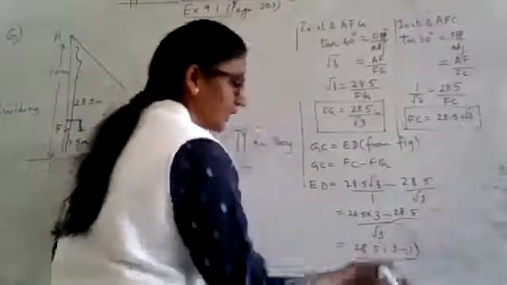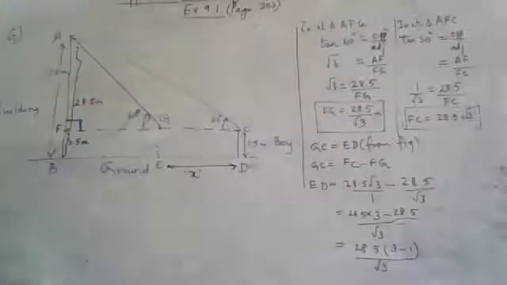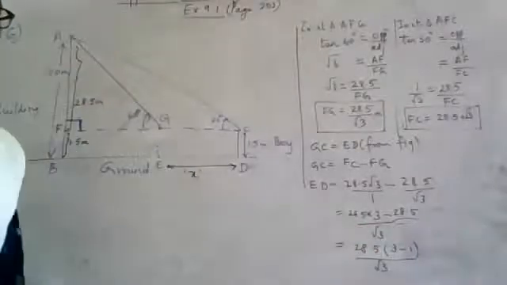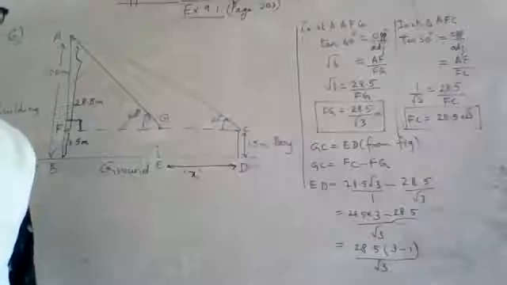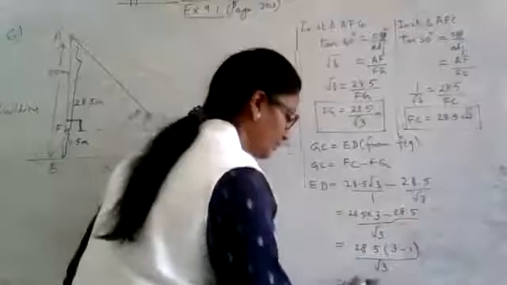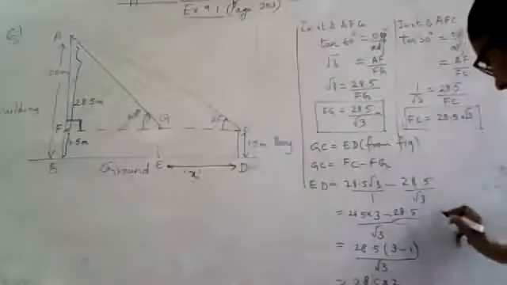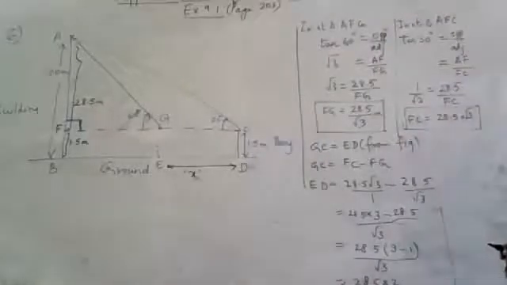So this will become 2 times 28.5, since 3 minus 1 will become 2. So 2 times 28.5, how much should it be? 57. Yeah, 57, divided by root 3. I think you're seeing the board here. Is it visible?